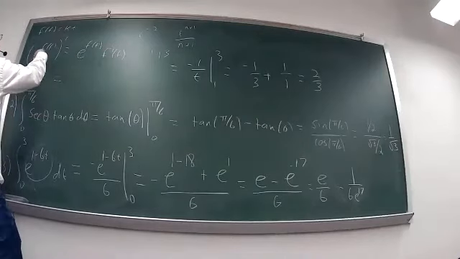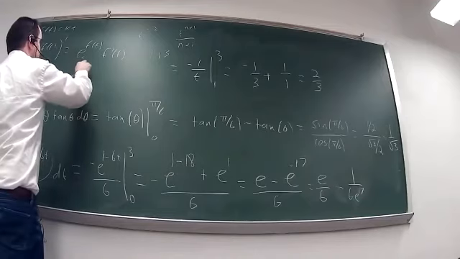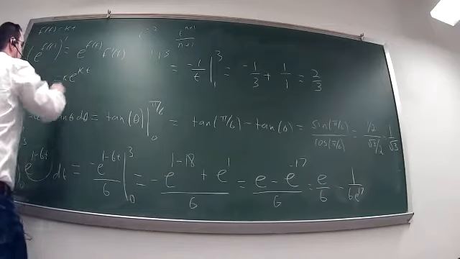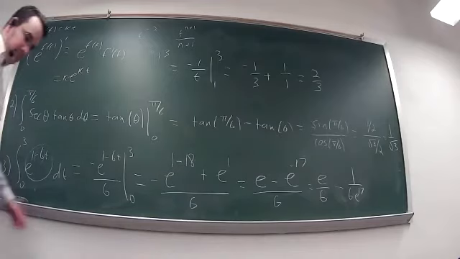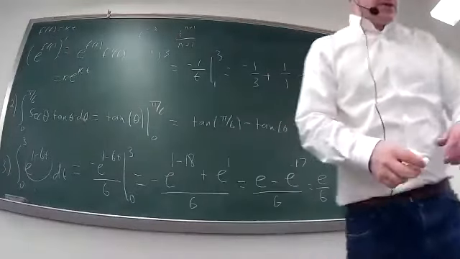In this case, for e to the kt, that's e to the kt times k. So the reason why that's true is due to the chain rule. Other questions, comments?